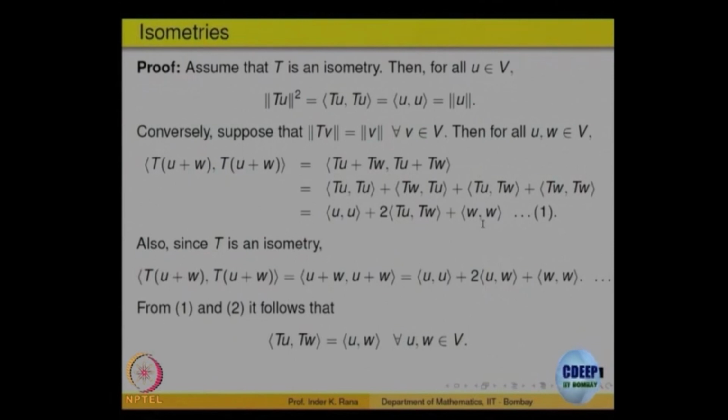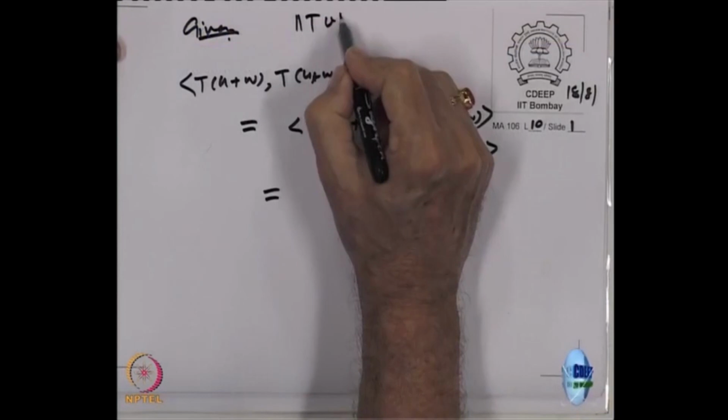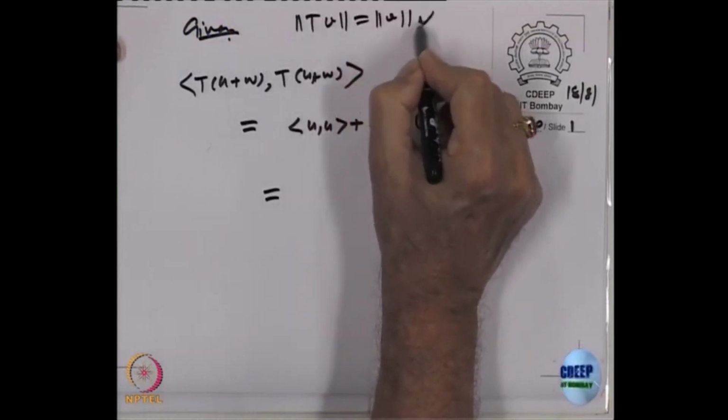So, let us just see, if we look at T of u plus w, T of u plus w. So, that comes out to be equal to Tu, Tu plus 2 times Tu, Tw plus Tw, Tw, right. So, what we are given is that norm of Tv is equal to norm of v for every v.